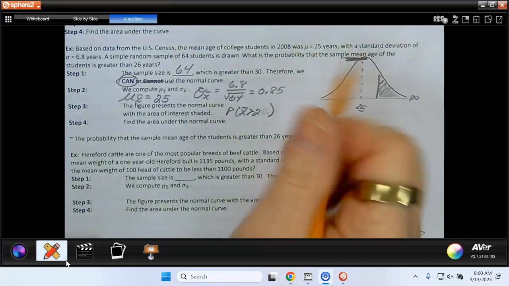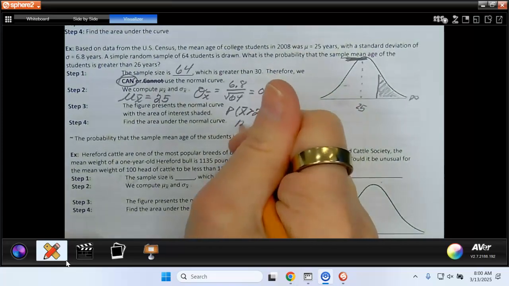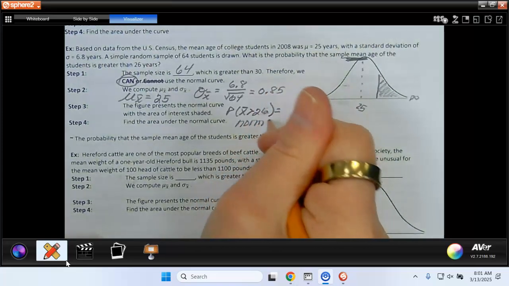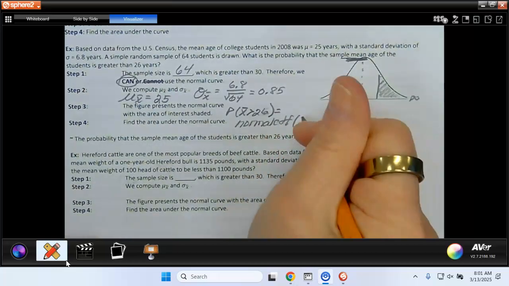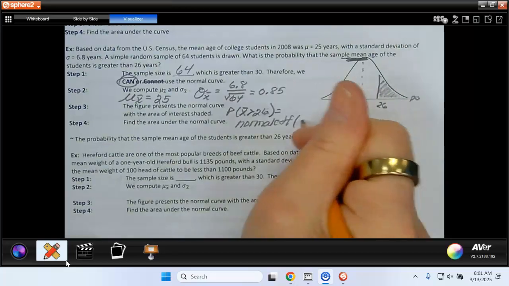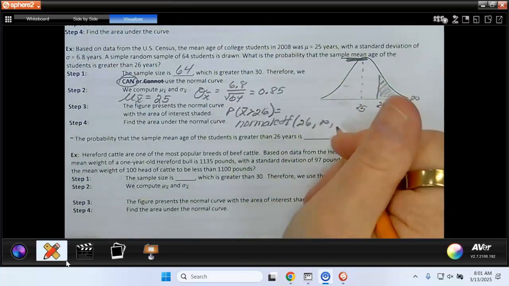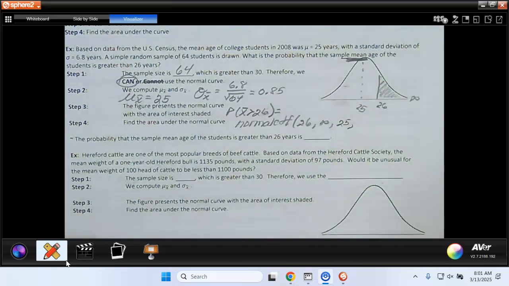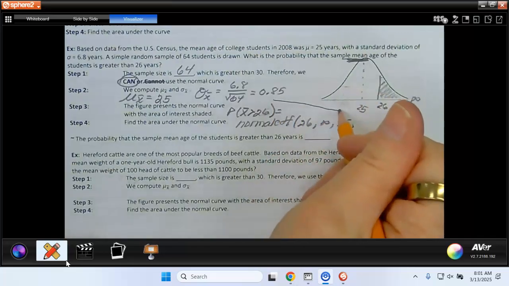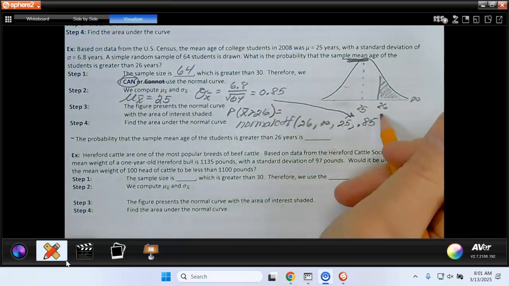Okay, so we are using normal CDF, shading from 26 to infinity, where you have an average of 25 and a standard error of 0.85.